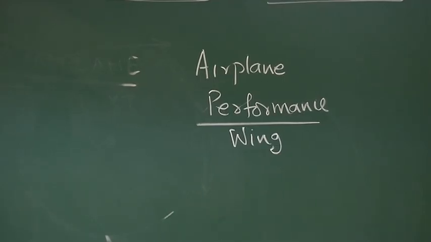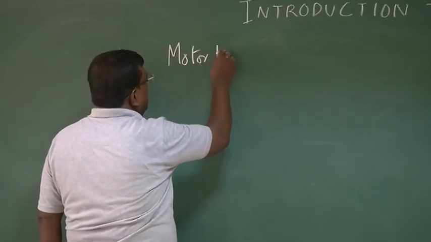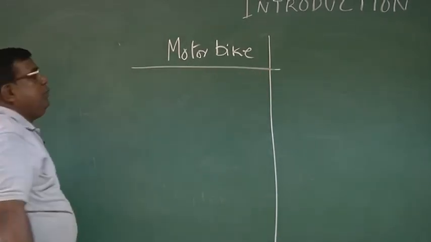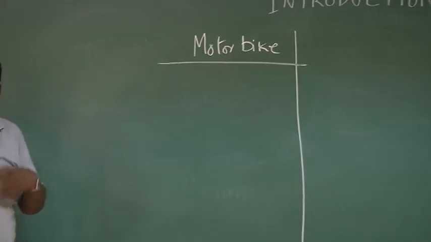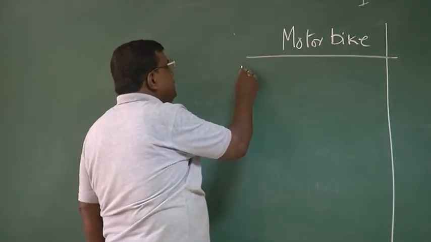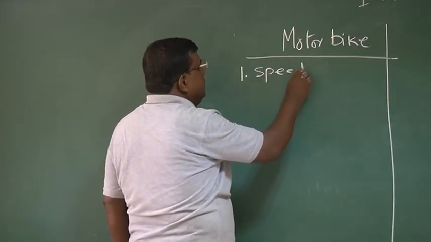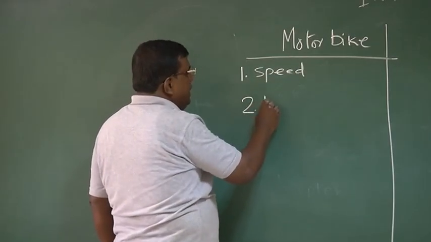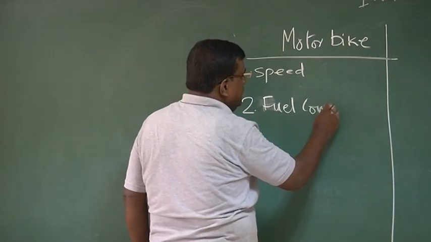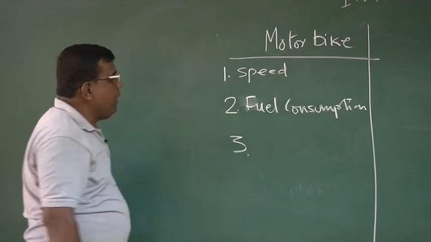Let us think, suppose you want to buy a motorbike. If I want to list out the performance of a motorbike, what should we look for? Number one, its speed. Second, its mileage, or we say fuel consumption. Third one, maneuver.